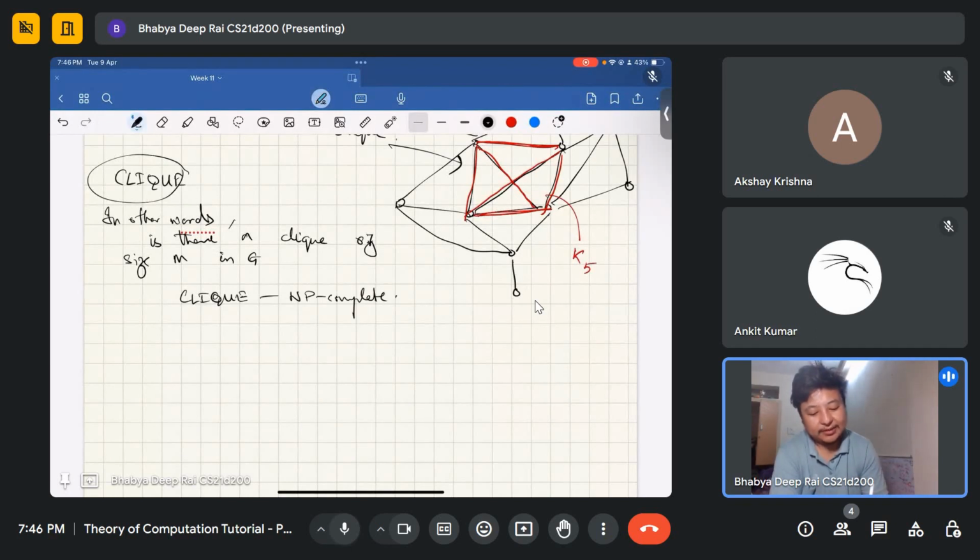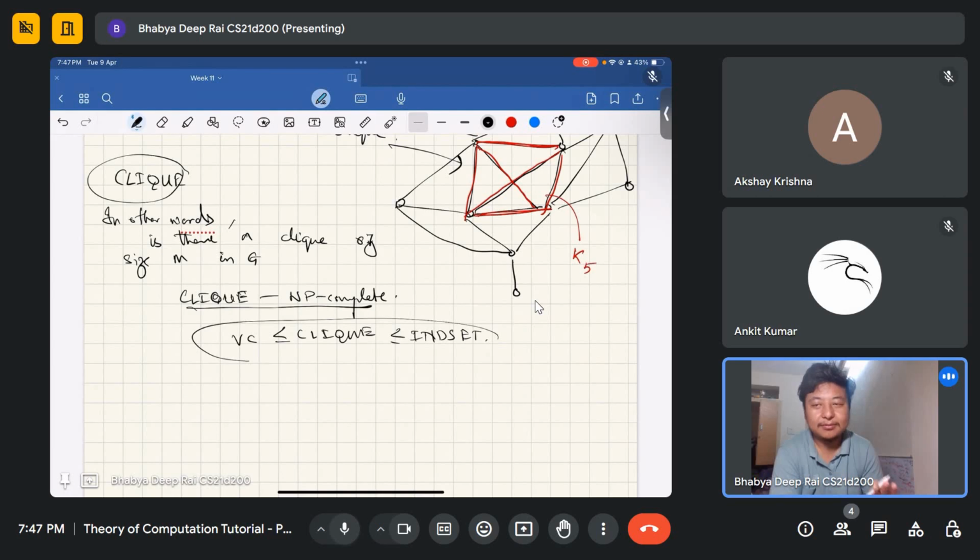In fact, there's a simple reduction that shows that vertex cover can reduce to clique, and clique can be reduced to something called independent set. Anyway, clique is NP complete.